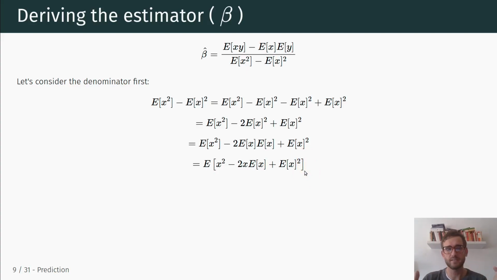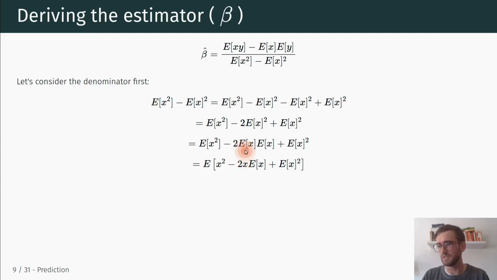Now this might look like a weird step, but if you think about our expectation rules, and remember always the expectation of a sum is the sum of the expectations, then if we focus on this last part here and took the expectation of this, we would end up with the expectation of x squared, which is just this part, then minus the expectation of 2x times the expectation of x.